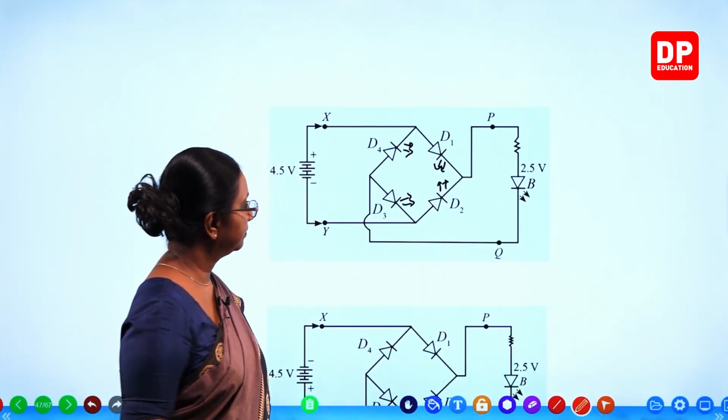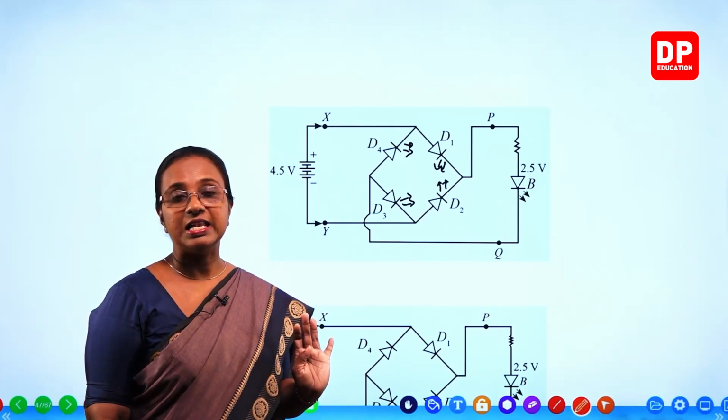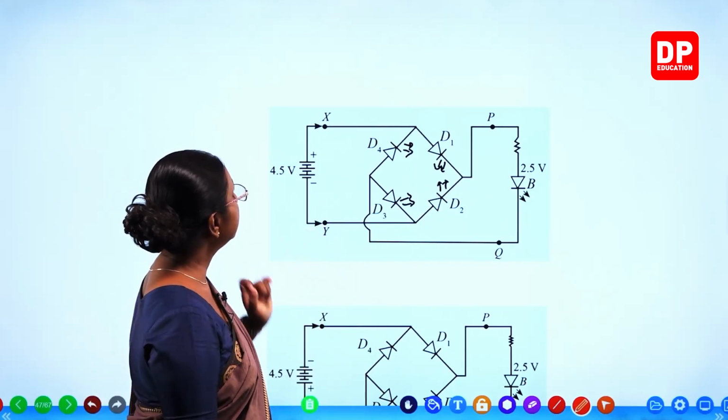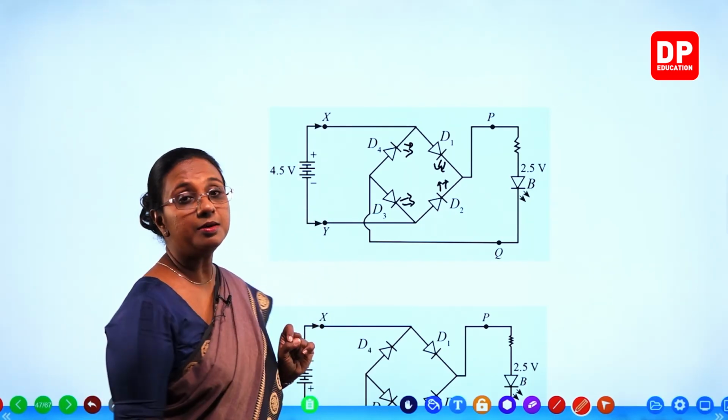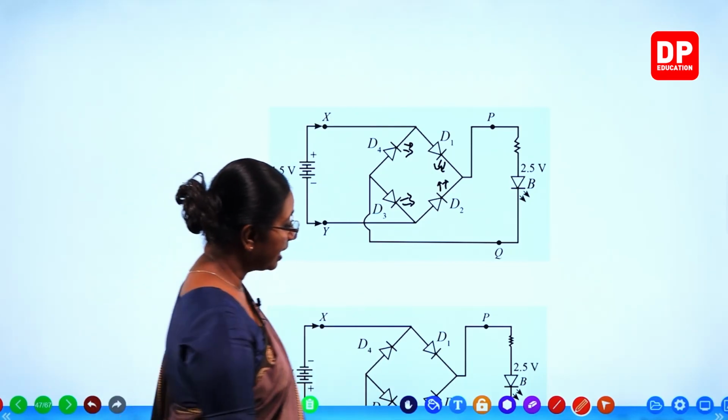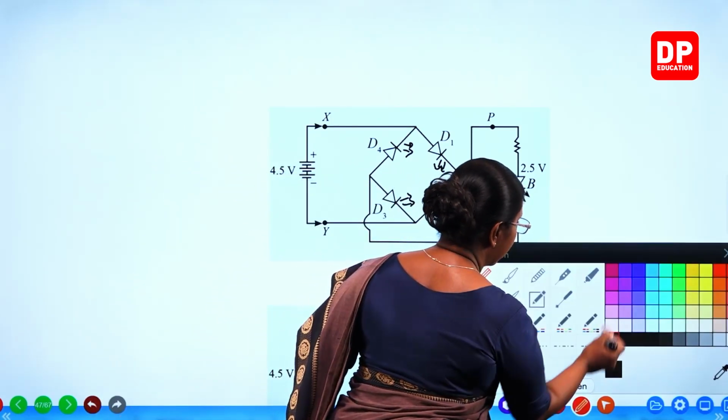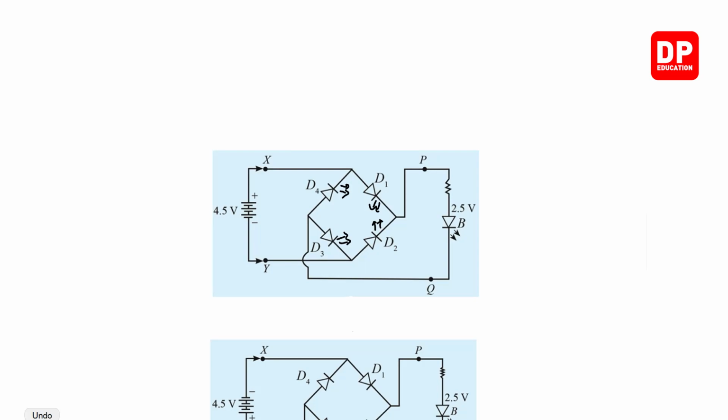What will happen? So we have 4 LEDs. In this instance, when this is the positive terminal, what are the LEDs that will light up? You can remember D1 will light up, D3 will light up and B will light up.